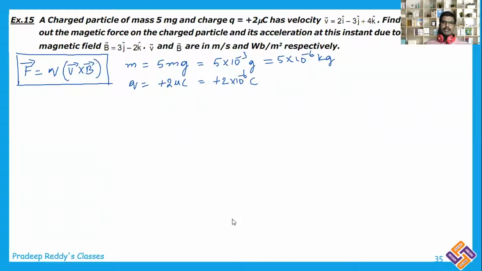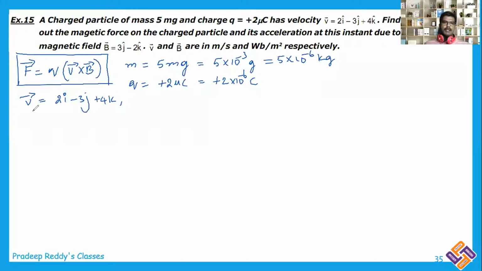Velocity V bar is given as V bar equal to 2I minus 3J plus 4K. Find out the magnitude of the force acting on the charged particle and its acceleration at this instant due to the magnetic field.